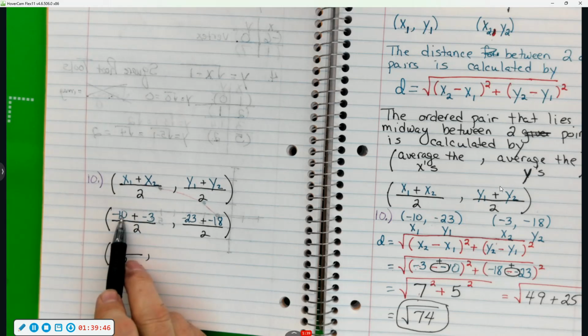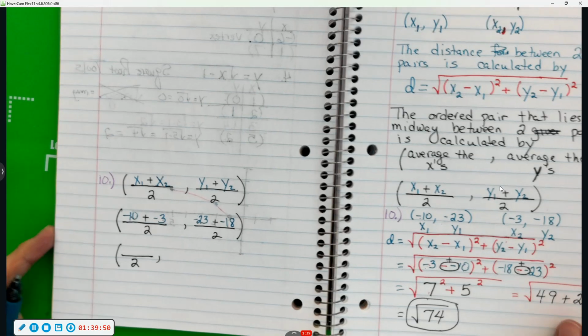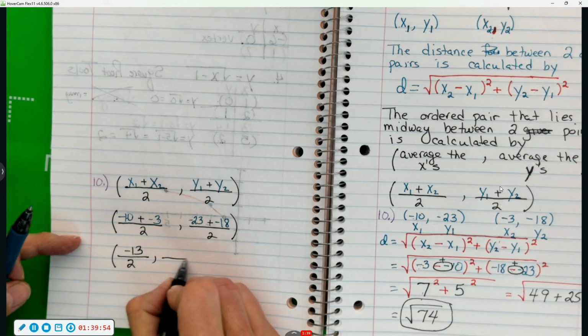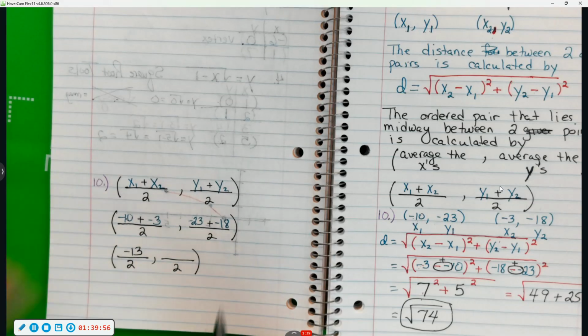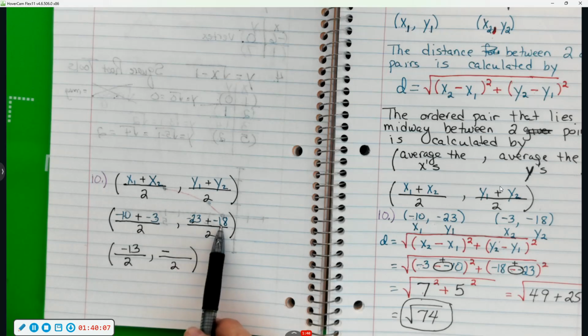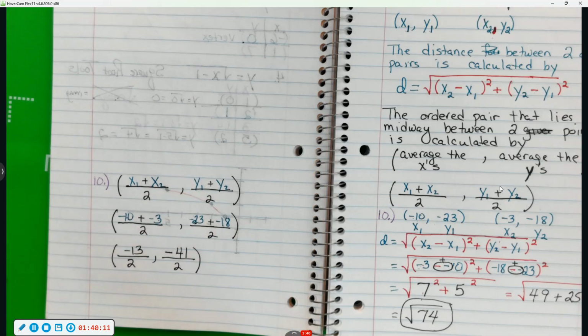Negative 10 plus a negative 3 is negative 13. Now, what about the y's? That's going to be negative 23 plus a negative 18. I'll get us started. It's going to be negative 23 plus 18, 41. And 13 over 2, all you could do is write it as 6.5.